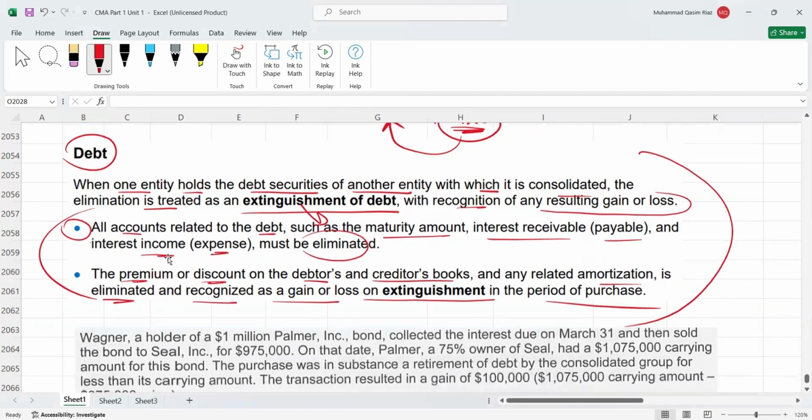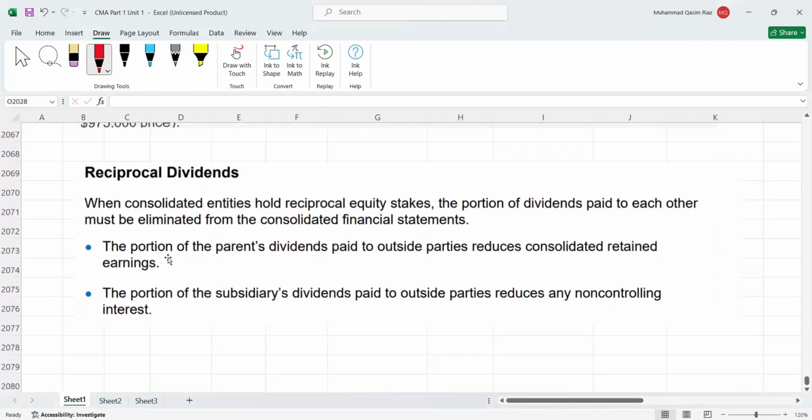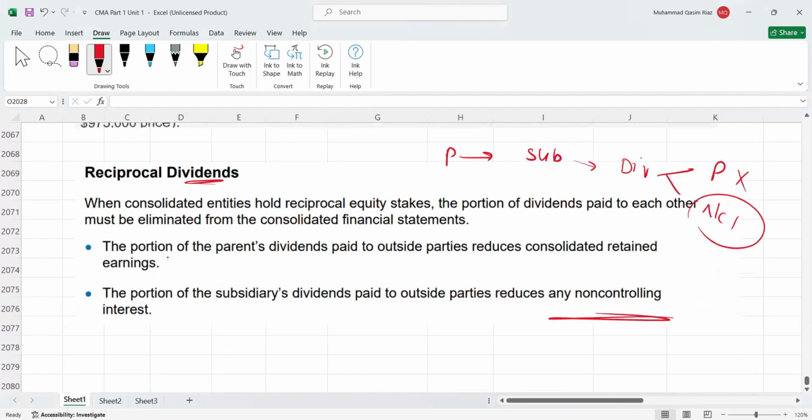Then, guys, we have here the last thing, a reciprocal dividend. This I have already covered in the last class. For example, if parent is having investment in subsidiary, obviously when subsidiary pays dividend, whatever dividend is paid to parent, that we will eliminate, and whatever dividend is paid to NCI, that will be deducted from NCI calculations.